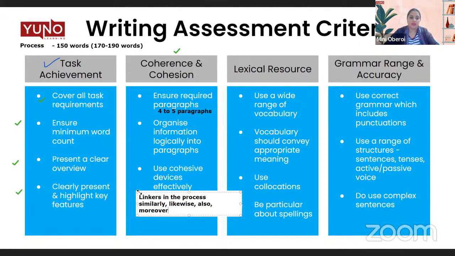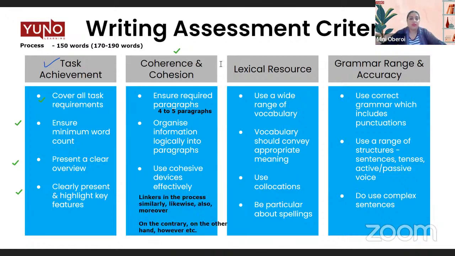If something is not on the same norms of a particular process, then we can say on the contrary, on the other hand, however, right? We must use these devices.